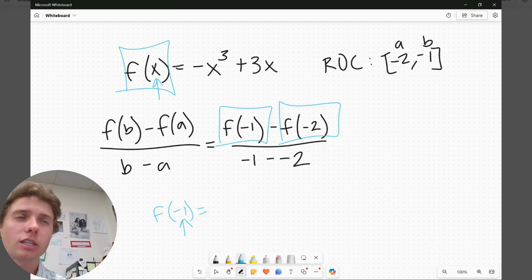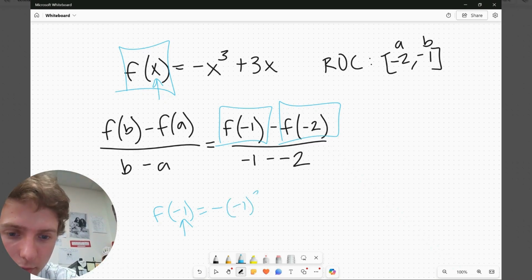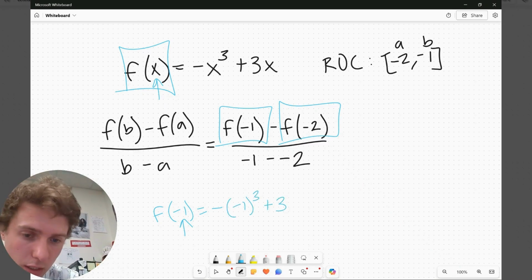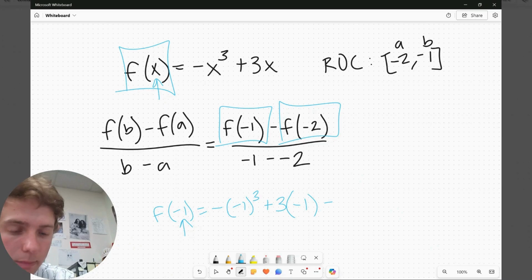That notation is literally telling you what to do. It says instead of x, we are now using negative 1. So we go to our equation where it's negative x to the third, and instead of x, I change it to negative 1. And as you continue through, it's plus 3, and instead of x, it's negative 1. All you need to do is simplify that.